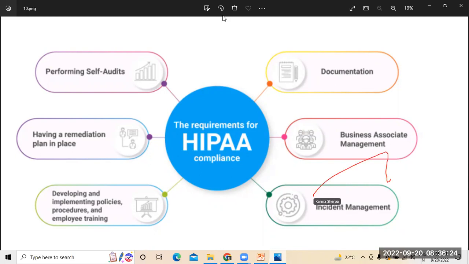The second one is the documentation part. Whatever documentation is required in reference to the implementation is prepared under documentation.